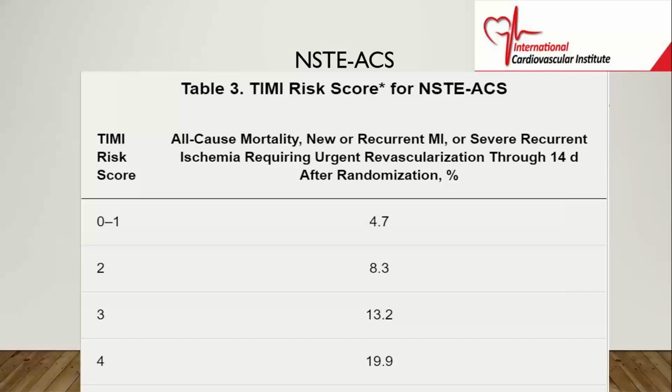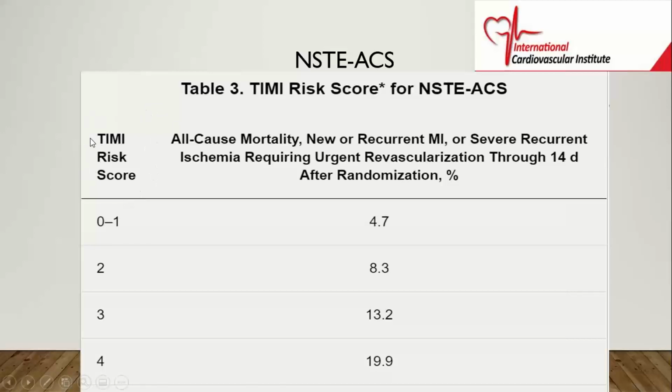But when we talk about risk stratifying these patients who present to the emergency room with classic chest pain, the ECG may have some ST-T changes, and the biomarkers are elevated, telling you that the patient is having a non-STEMI acute coronary syndrome.